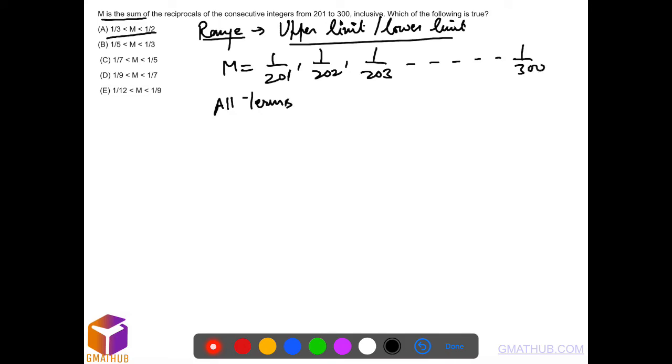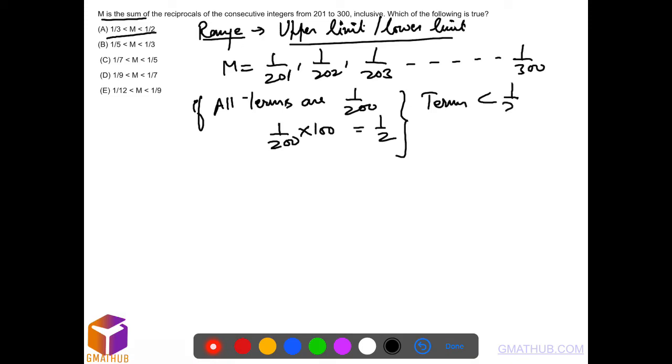If all the terms are 1 by 200, the sum would be 1 by 200 into 100, which is 1 by 2. But actually the terms are lower than 1 by 200, so the sum would be lower than 1 by 2.